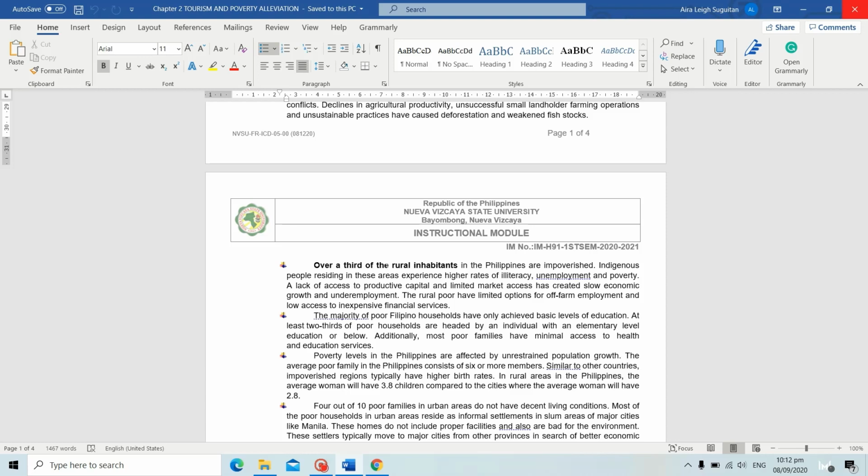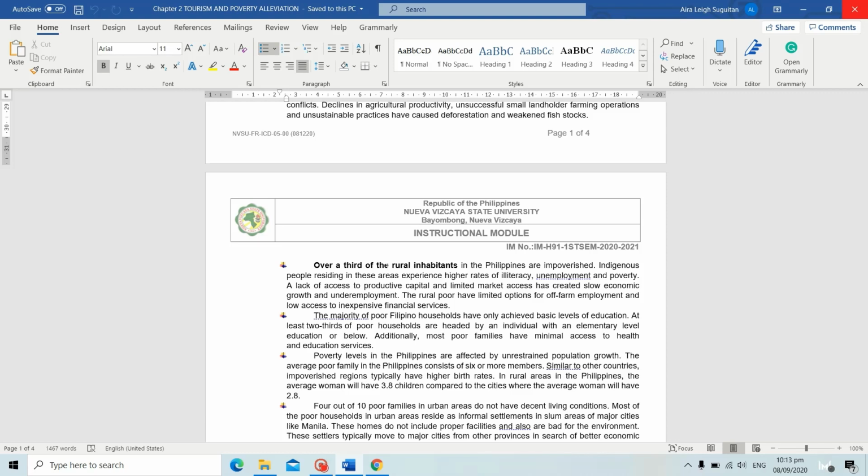So aside from lesser capability for them to access education, if financial resources are concerned, aside from that is yung pagiging accessible ng places in rural areas, medyo mahirap.